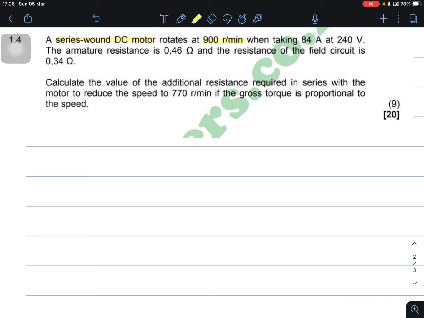Notice, guys, they didn't say armature current. As long as they didn't describe that current as an armature current, that is a load current, a supply current. If it's an armature current, they will tell you it's an armature current.